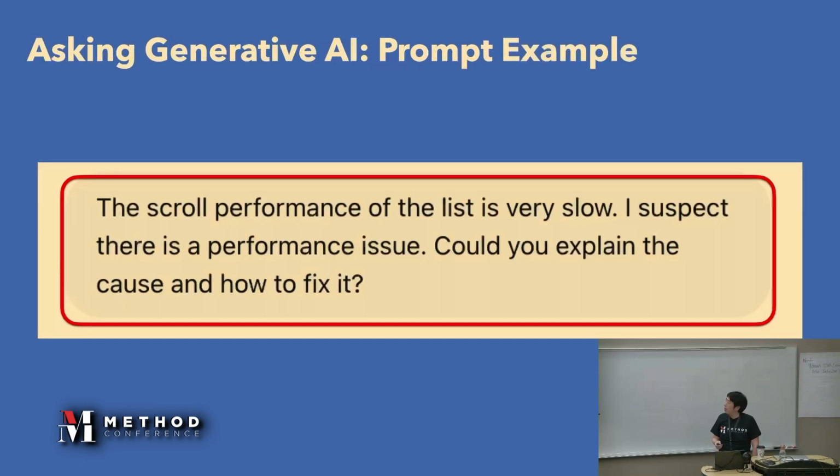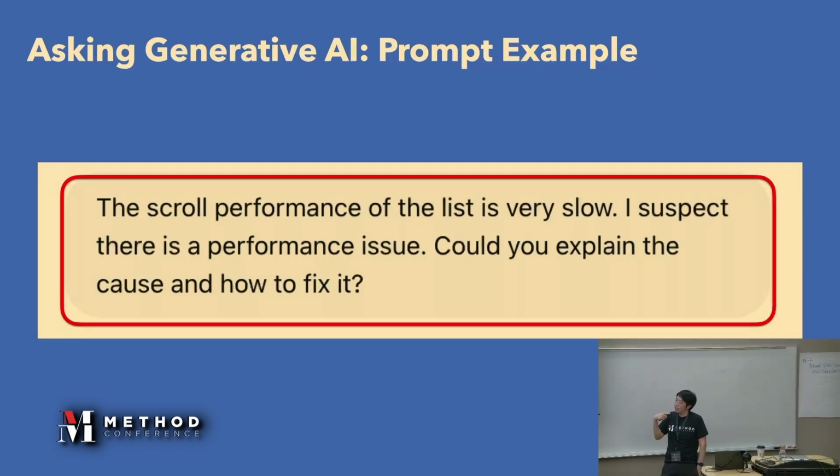And so let's ask generative AI using this prompt. The scroll performance of the list is very slow, so I suspect there is a performance issue. Could you explain the cause and how to fix it?